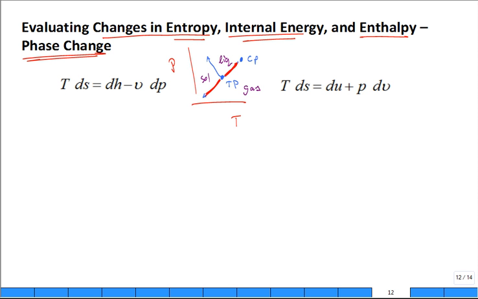Solid to gas, sublimation. Anybody ever see dry ice and it just vaporizes from solid right into vapor? Also, ice cubes in a tray in the freezer, after many months, if you pop them out, you'll say, hey, this ice cube was full, now it's sort of eroded. If you've ever seen that in a freezer. Sublimation. This one is just freezing or melting.